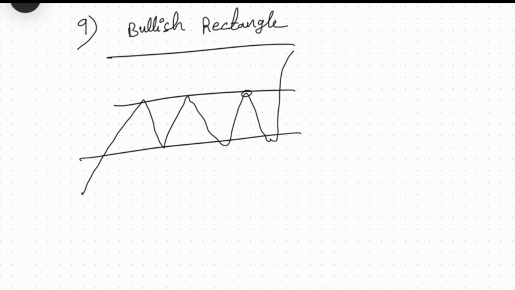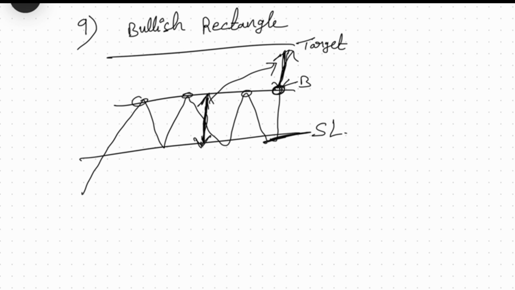When it breaks this trend, here you have to buy, and here you have to keep the target. This is the stop loss. The target you have to take is the size of this channel. Okay, you have to keep the target here. This is the bullish rectangle. I hope you understand.